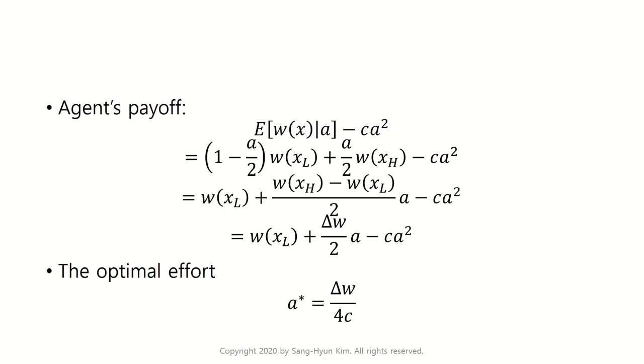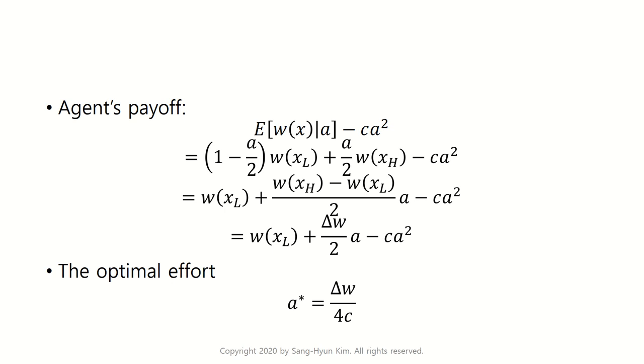And we can rearrange the terms to produce the third line. We just take out the W of XL, because that's just a given number from the agent's point of view. So we can regard it as a constant, right? So for the agent's maximization problem, W of XL is just a given number, we can take it as a constant.